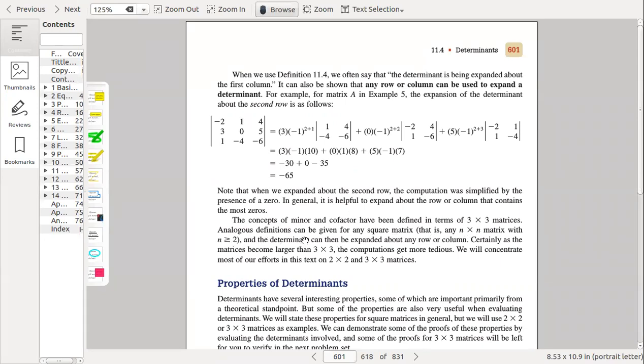Analogous definitions can be given for any square matrix, that is, any n cross n matrix with n greater than or equal to 2, and the determinant can then be expanded about any row or column. Certainly, as the matrices become larger than 3 by 3, the computations get more tedious.